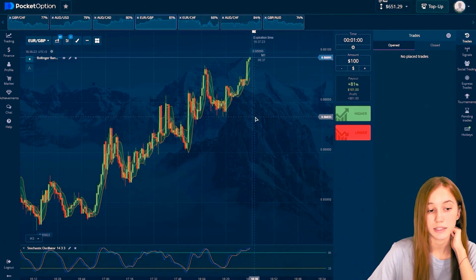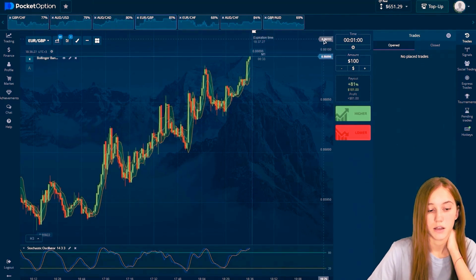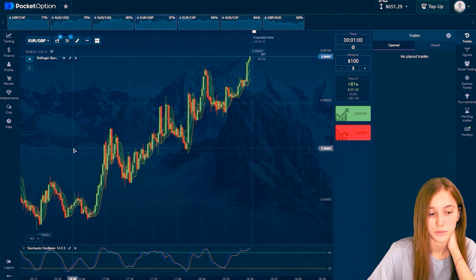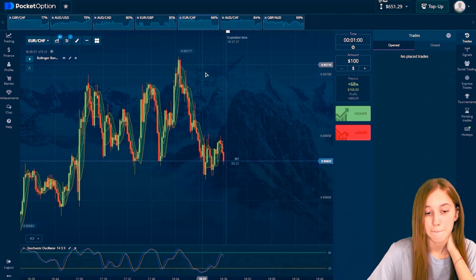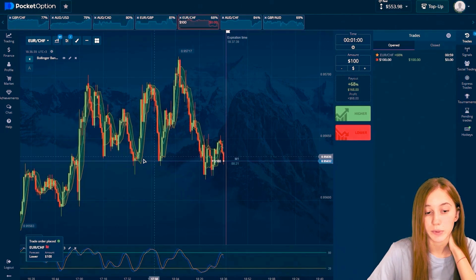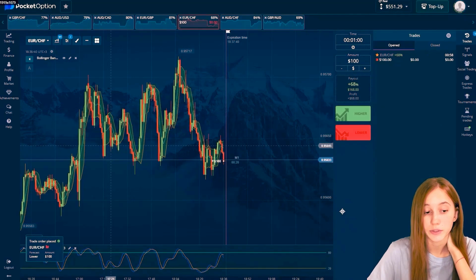So what we see also, we can highlight that resistance level, resistance area, we reached it. So we open up a down deal, we see reversal.